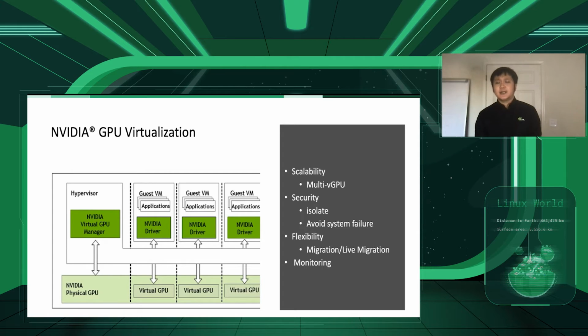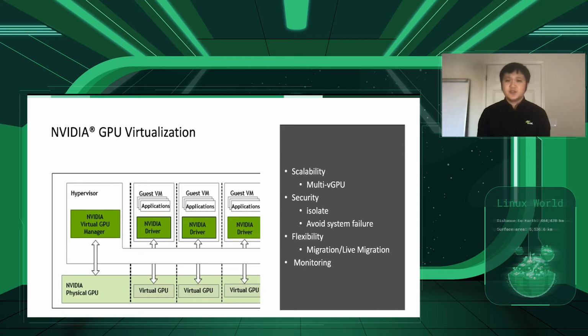First, it provides very good scalability, so we could use multiple vGPUs based on one physical GPU. It also has very good security. We could isolate each GPU into different VMs.